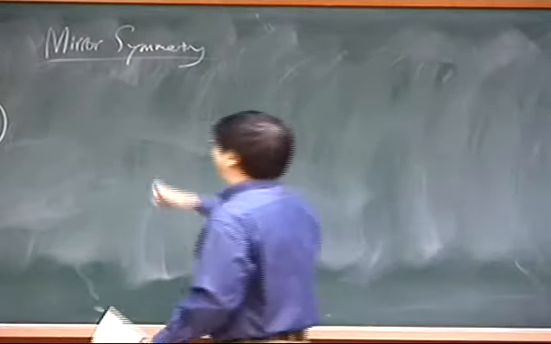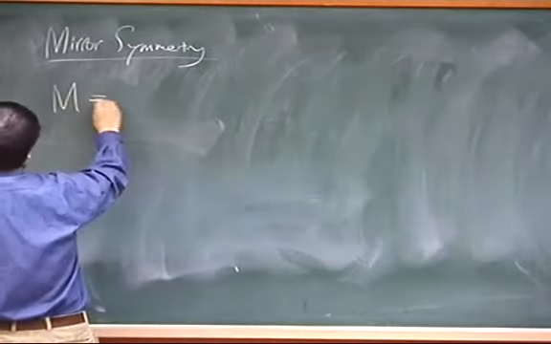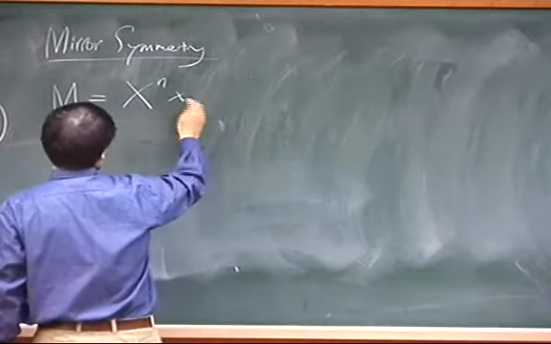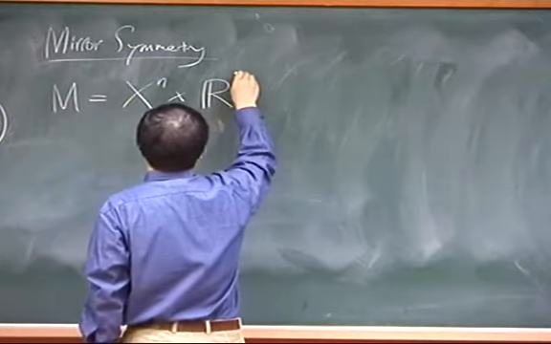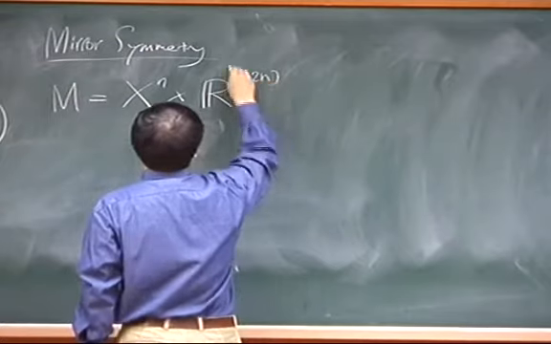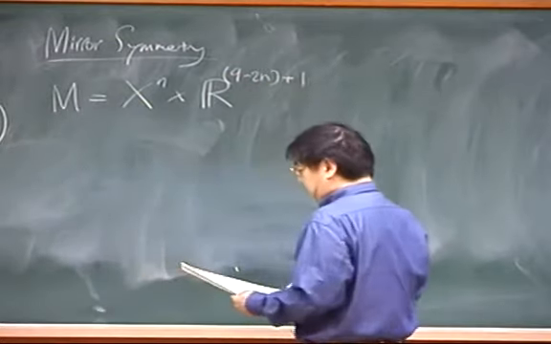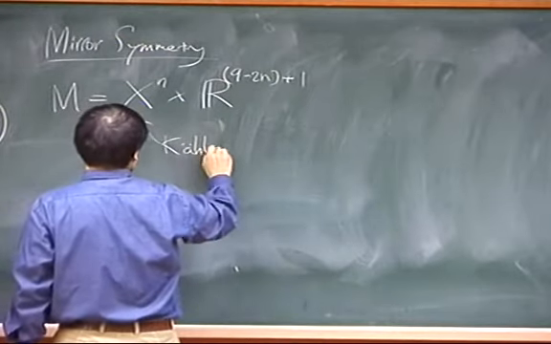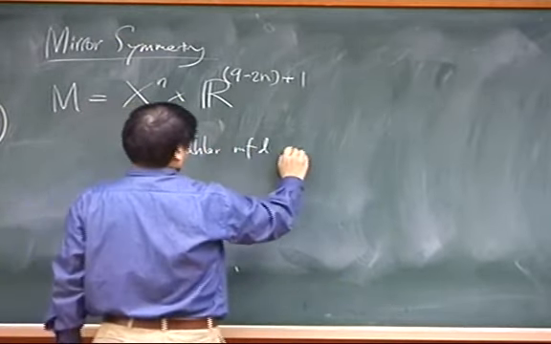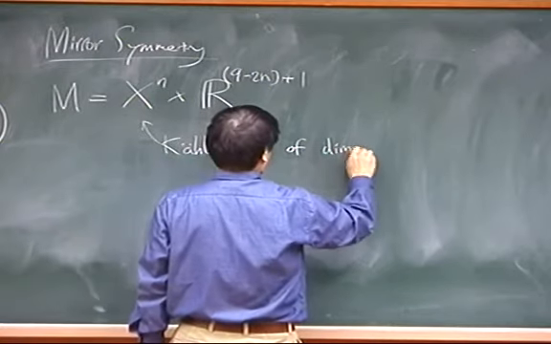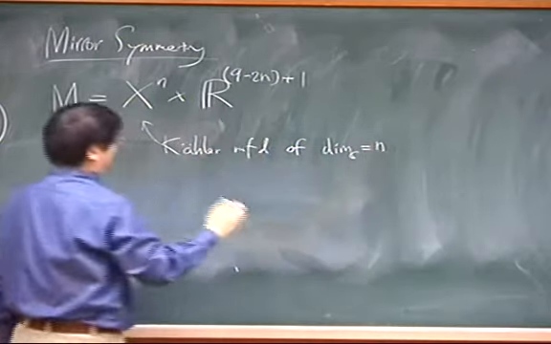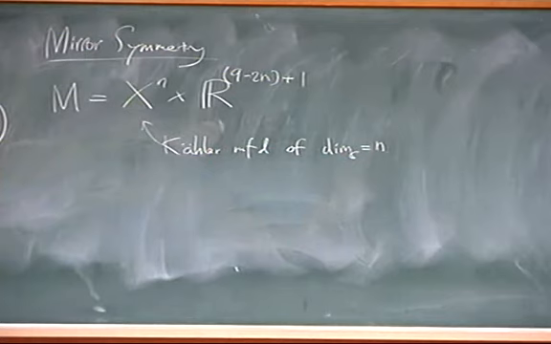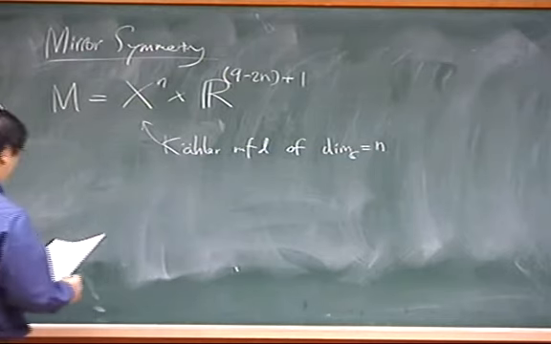Okay, so let's consider a special case of 9 minus 2n plus 1. So this is a Kähler manifold of complex dimension n. Actually, what we need is an additional condition like Ricci flatness, so Calabi-Yau or torus is what we have in mind.